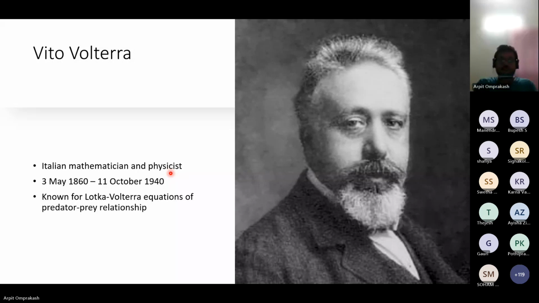Then at a point, the number of tigers increases so much that the number of deer is less for them, or the deer are getting better at evading the tigers. Because there are a lot of tigers, the number of deer caught every day is higher, and thus the deer population tends to decline.